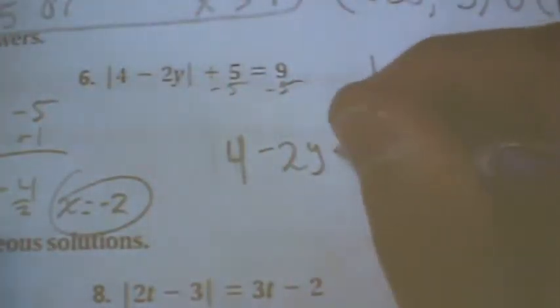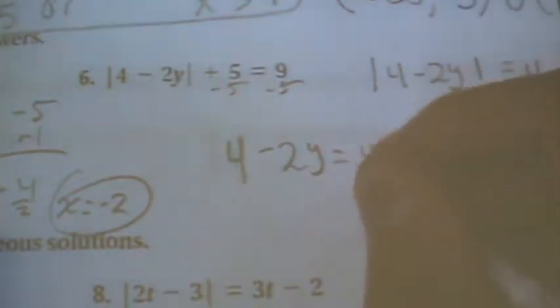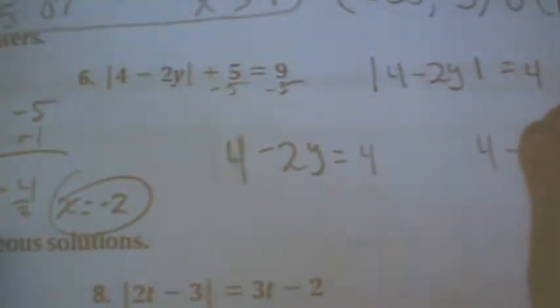Sorry. Take that out. 4 minus 2y equals 4. And then 4 minus 2y equals negative 4.